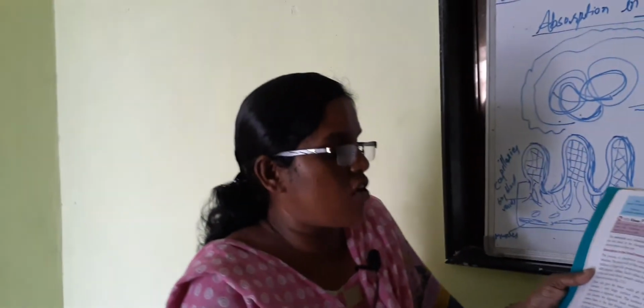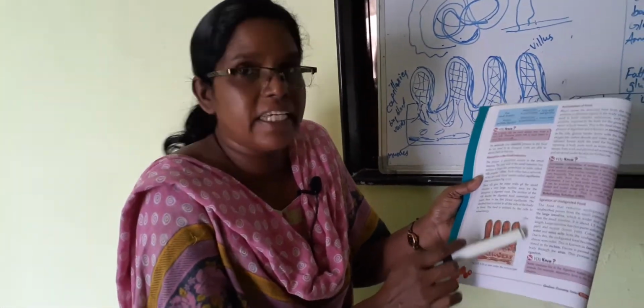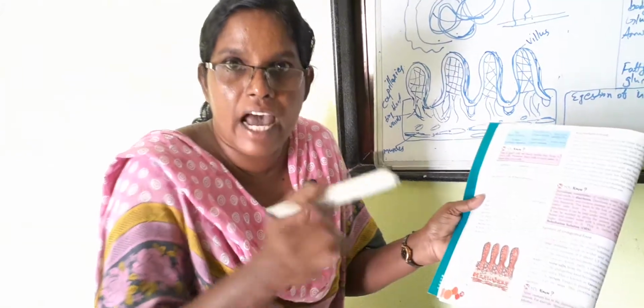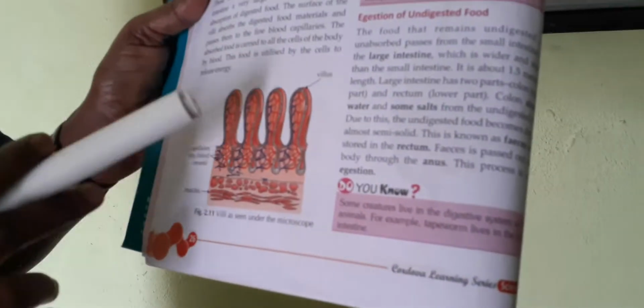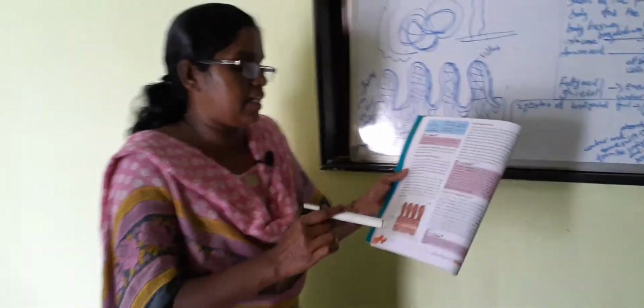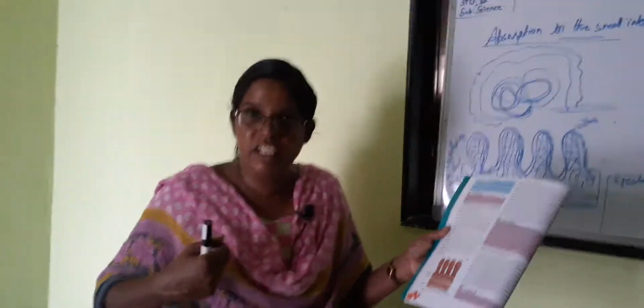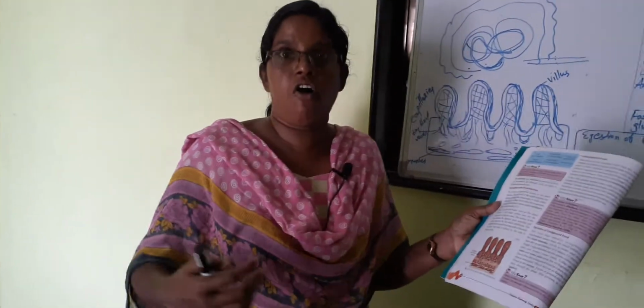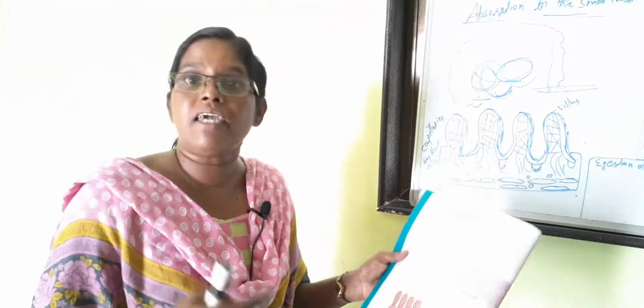The surface of the villi absorbs digested food material and passes it into the fine blood capillaries. The absorbed food is carried to all the cells of our body by blood.